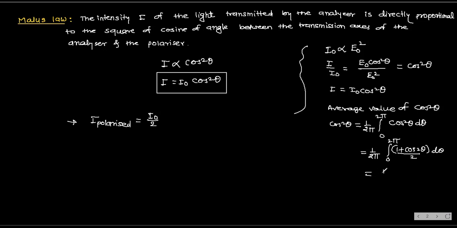If you solve this, you are getting 1 by 2, and therefore I polarized is equal to I naught by 2. Understand? This is what Malus law is. Note down.